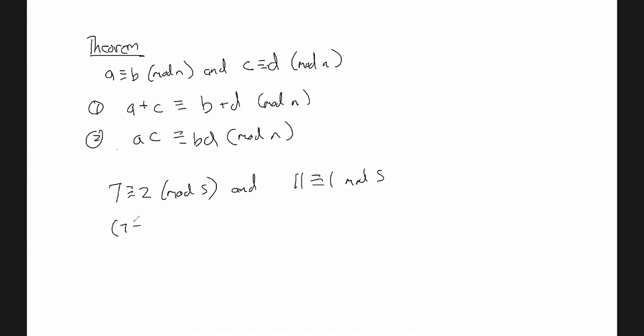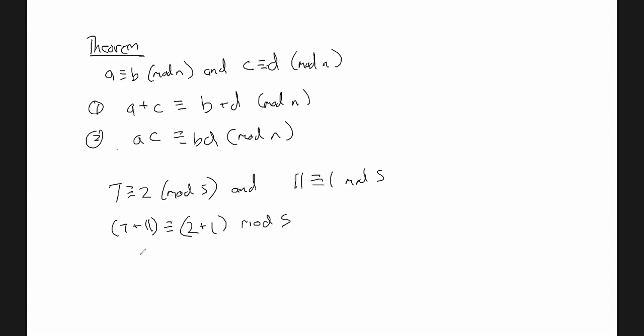So 7 plus 11 should be equivalent to 2 plus 1 mod 5.